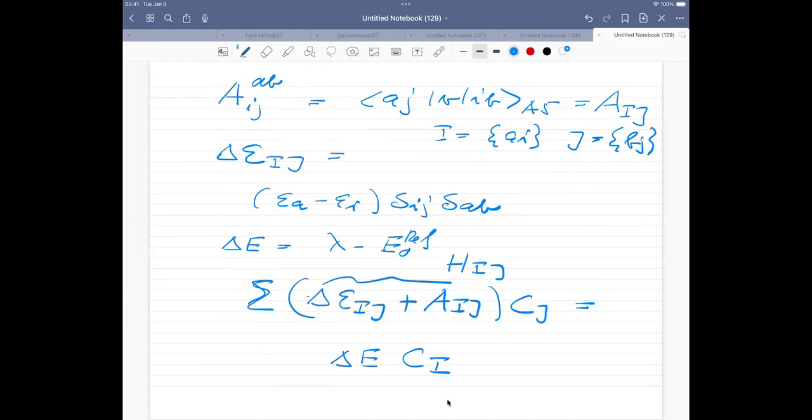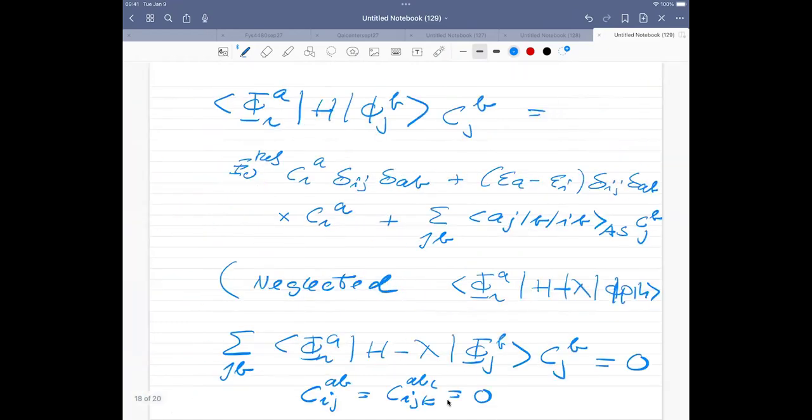So this is now a reduced problem, where we simply assumed that the coefficients which link with two particle, two hole, and three particle, three hole excitations are just put to zero. So it's a cheap way of getting the energies of the one particle, one hole states. And this is normally called the Tam-Dancoff approximation.